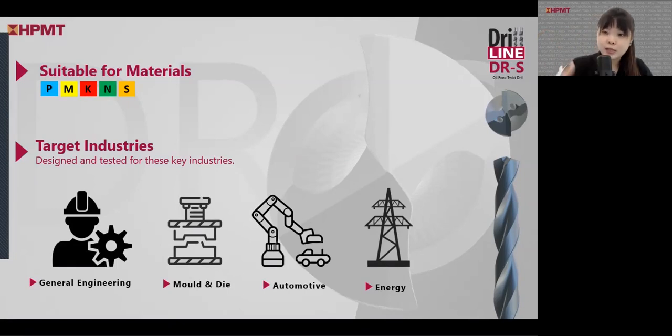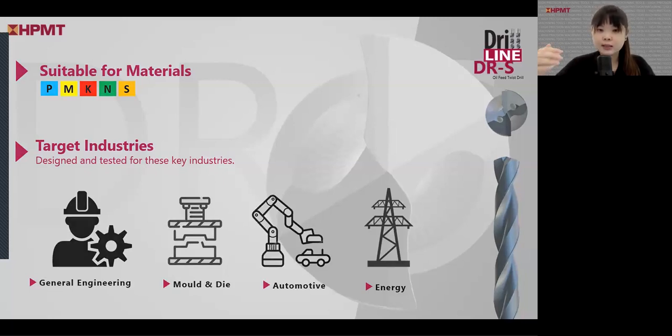When it comes to the energy sector, they will tend to use harder materials that can withstand very high heat, have very strong heat resistance, are very tough and so on, such as those super alloys. That's why, to better focus on all those targeted industries and produce cutting tools that can give very good performance on the parts, we designed this DRS.